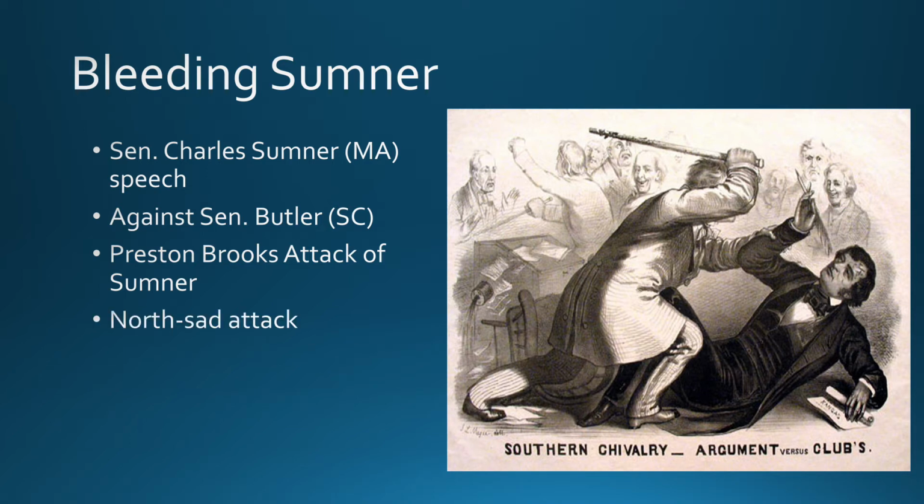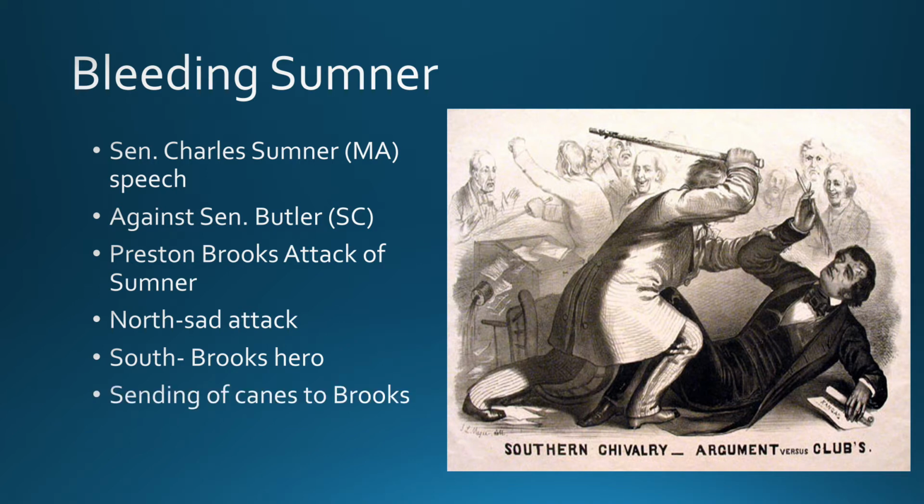For the North, this is an extremely sad attack. Sumner becomes somewhat of a martyr for Southern aggression. In the South, Brooks will be displayed as a hero, especially for the real pro-slavery forces, so much so that they send canes to Brooks to commemorate his attack.